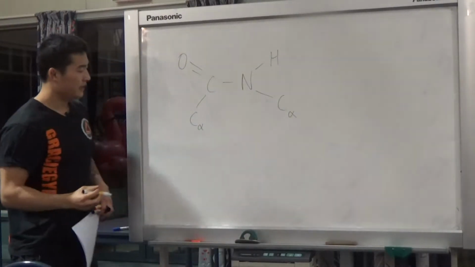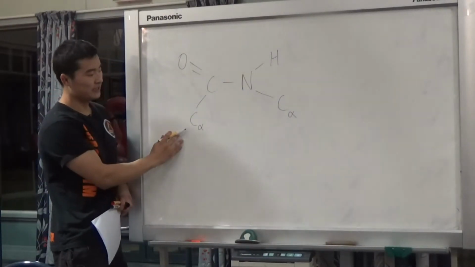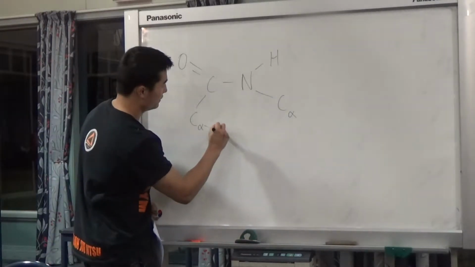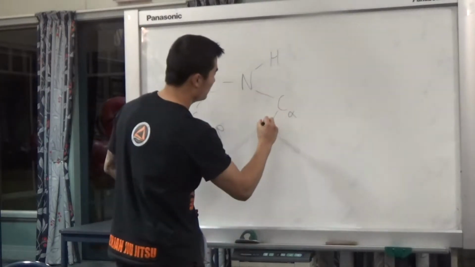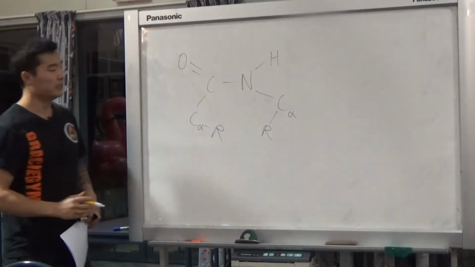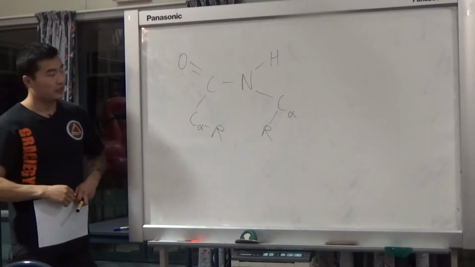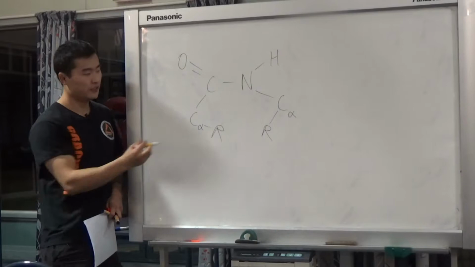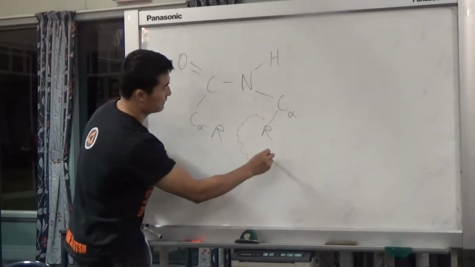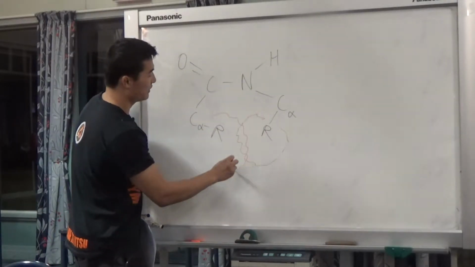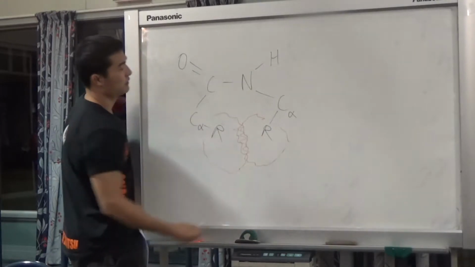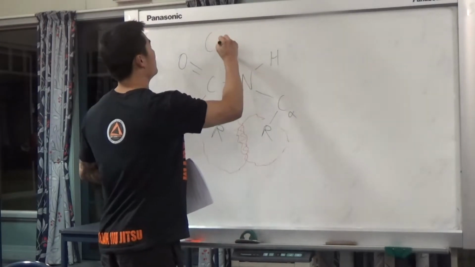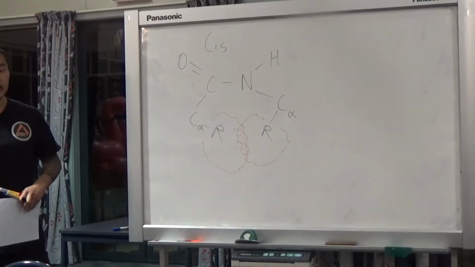Okay, and then since the alpha carbon has the R group coming off it, you'll have the R group coming off that alpha carbon, and you can see that if you had it in a cis configuration, there'd be steric hindrance around these R groups, right? So this is less likely to occur.